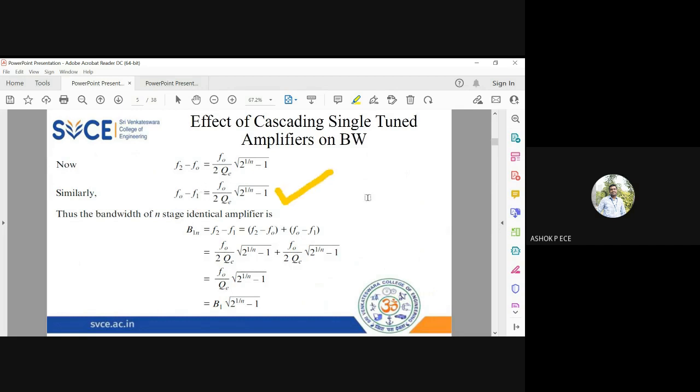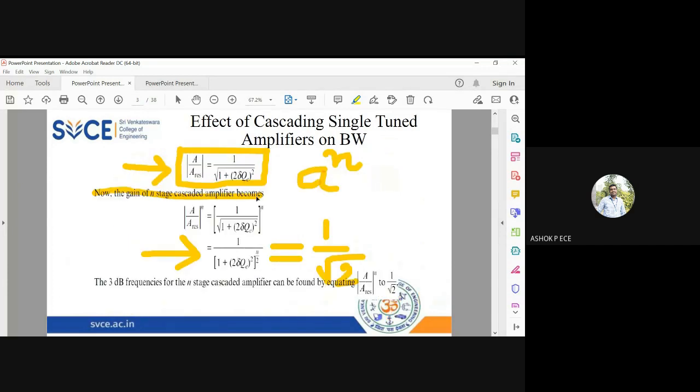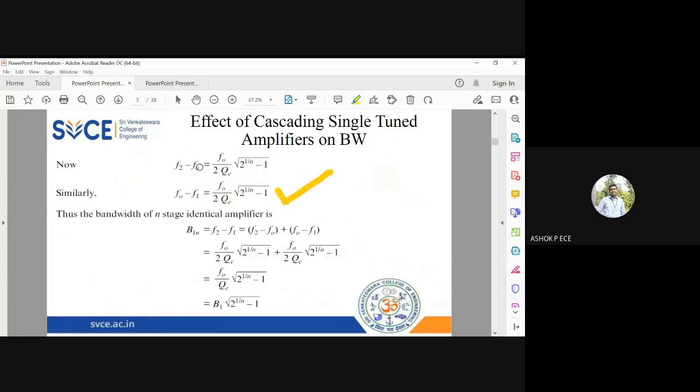This is one equation. The same equation I am going to replace f by f1 and f2 and see what is the change. If I put f2 here, f2 comes after f0, so the difference is going to be positive. So see here, f2 minus f0 equal to f0 by 2Qe into root of 2 power 1 by n minus 1.